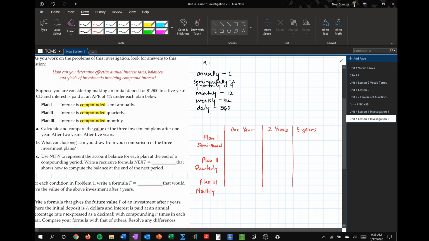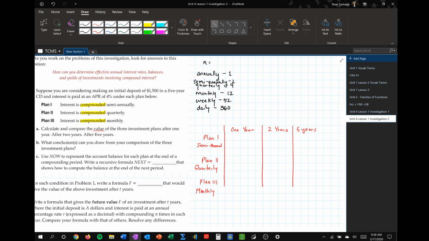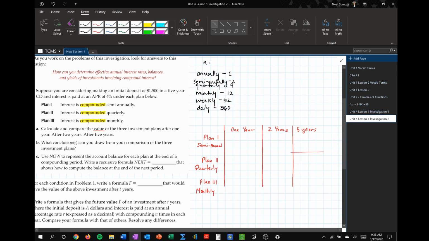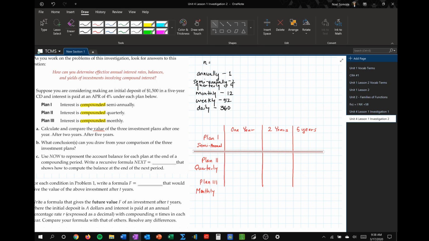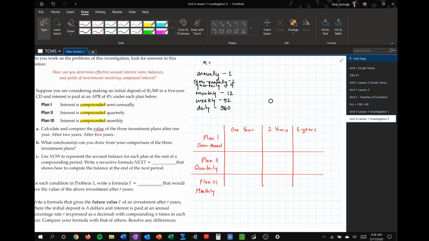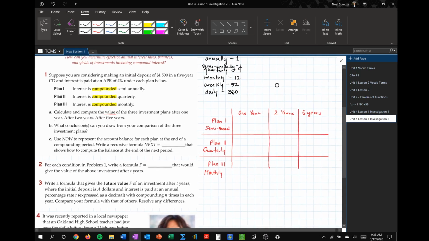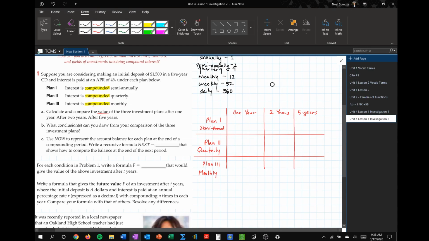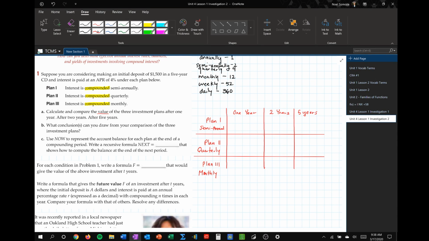The idea here is to see the comparisons in how your money will grow depending on whether you choose semi-annually, quarterly, or monthly. So first, let's do the math for 1 year if we're doing semi-annual.